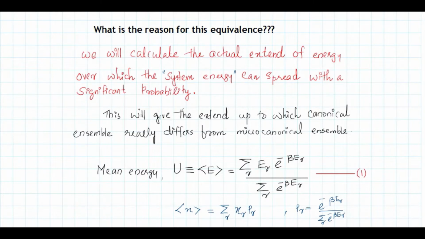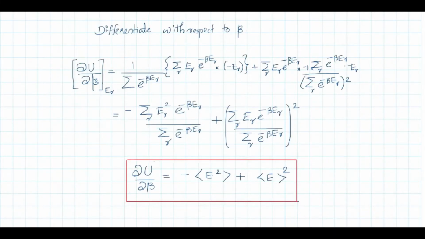So I will keep 1 divided by sigma r e raised to minus beta Er as constant, and I will take the derivative of the numerator. That will give me sigma r Er e raised to minus beta Er multiplied with minus Er, because the derivative of e raised to minus beta Er is e raised to minus beta Er multiplied with minus Er, as we are taking the derivative with respect to beta.